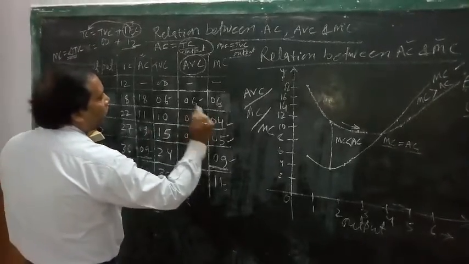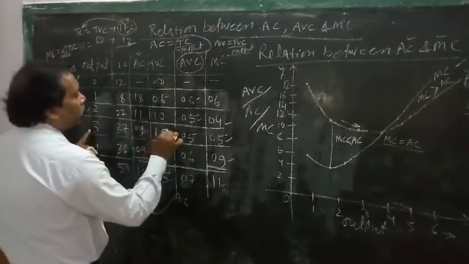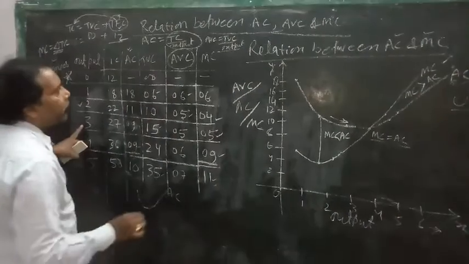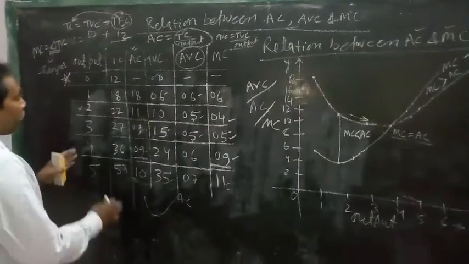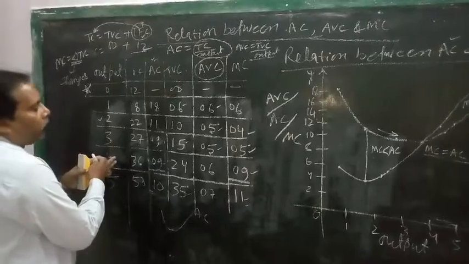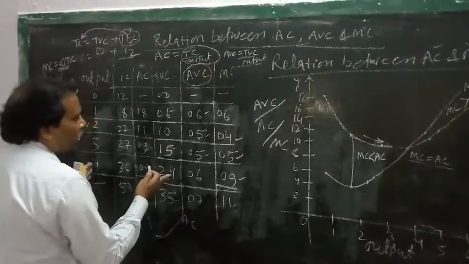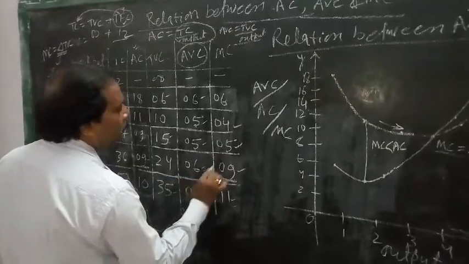So average variable cost is 5. Now if we produce the third unit, the total variable cost is 15 and AVC is 5. And in this way if we move towards the fourth unit of output, the total variable cost is 24 and the average variable cost is 6.